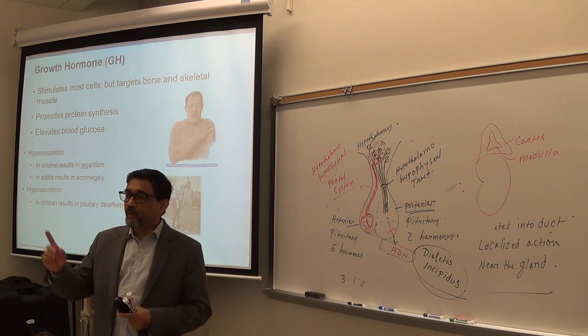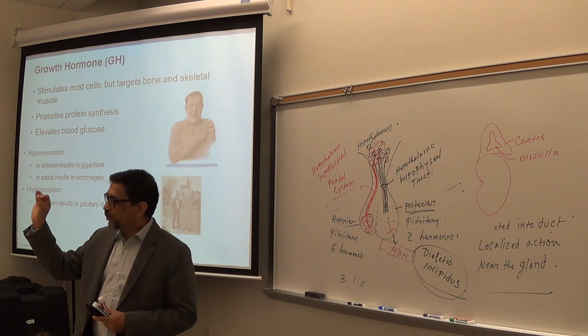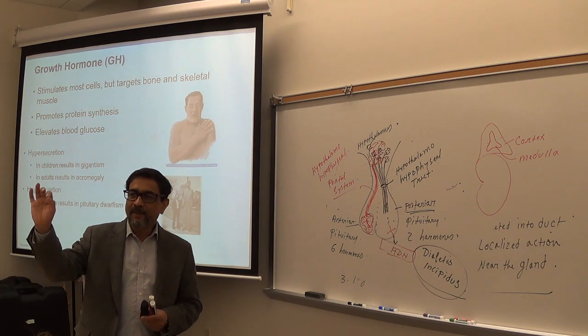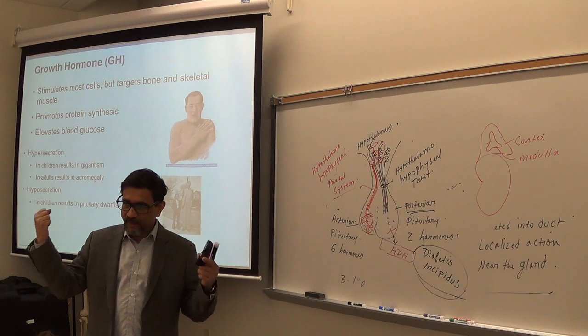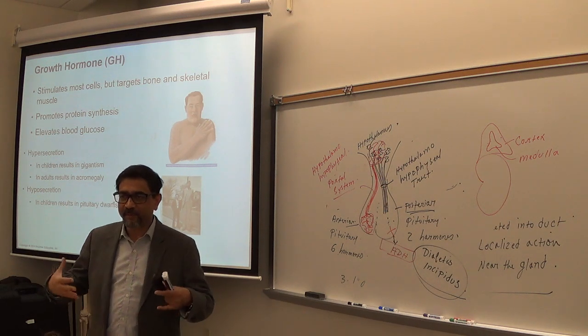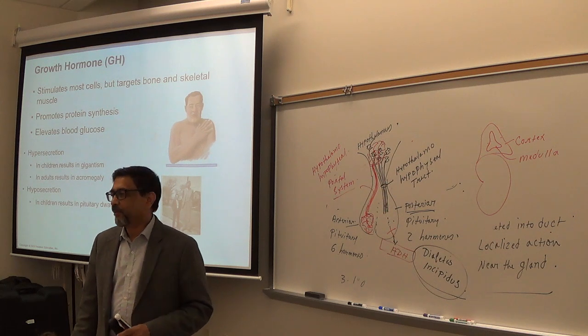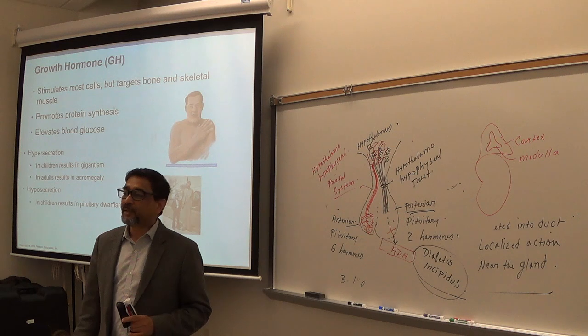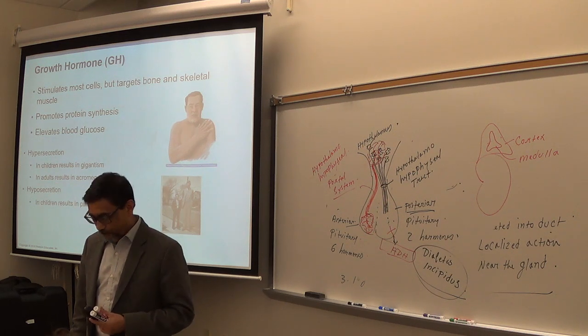But in two structures the action is more, I mentioned, right? Which two structures? Skeletal muscles and bones, because those two organs help to grow the body mainly. But it also works on other organs of your body.